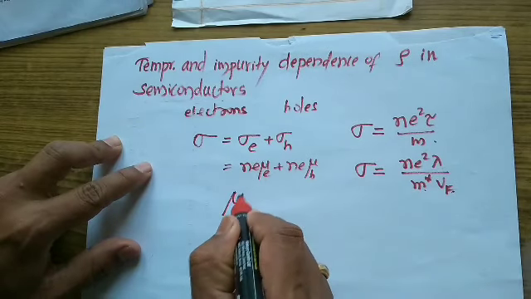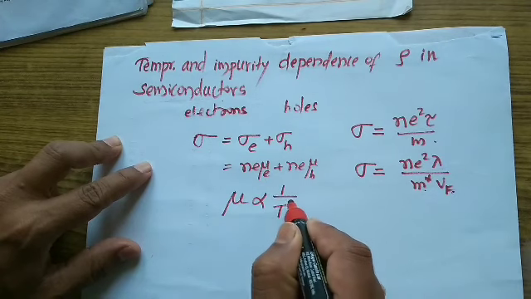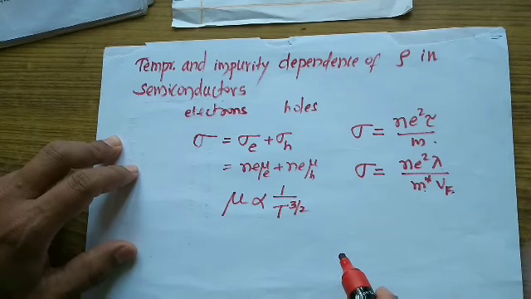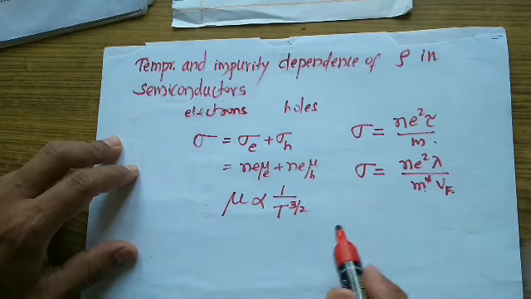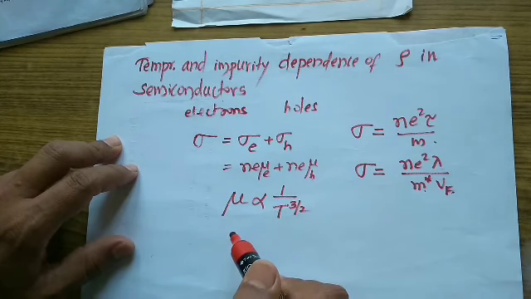It is observed that this mobility depends inversely on temperature, with the power of temperature being 3 by 2. That means in the case of a semiconductor or a conductor, the mobility decreases with increasing temperature, or vice versa.